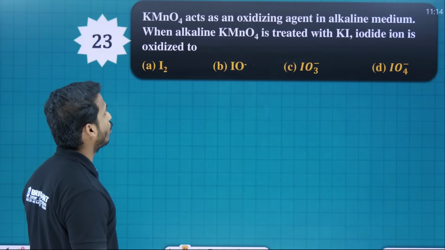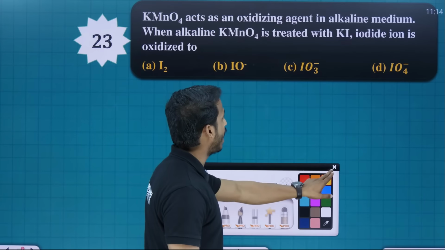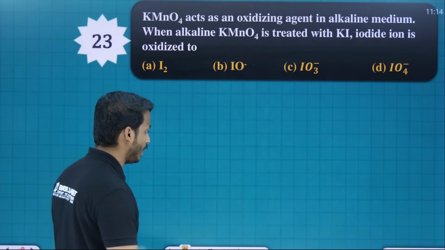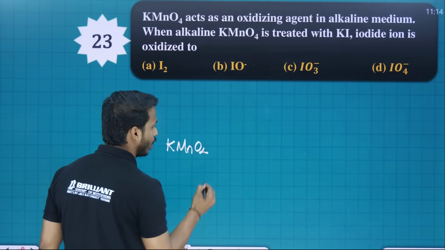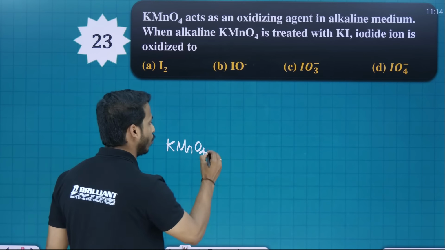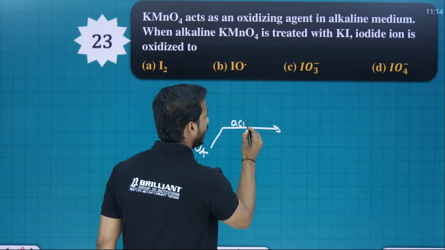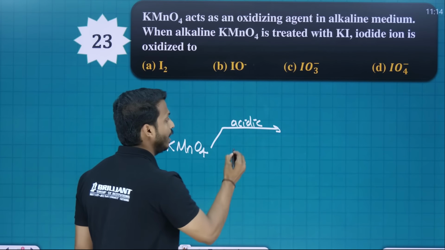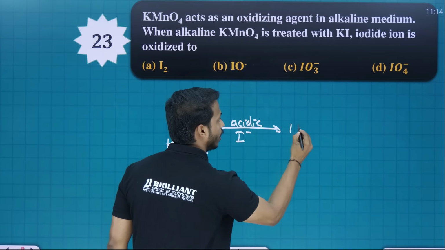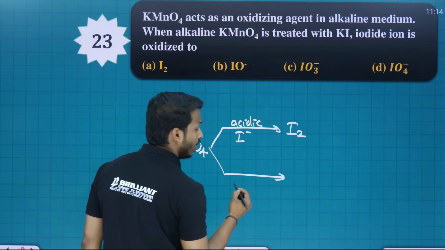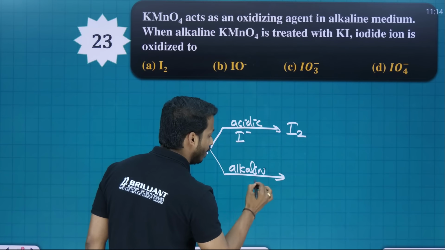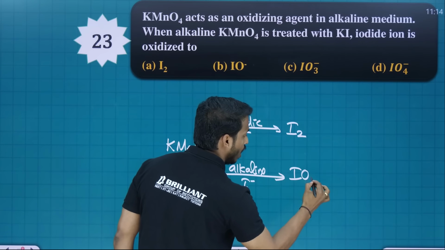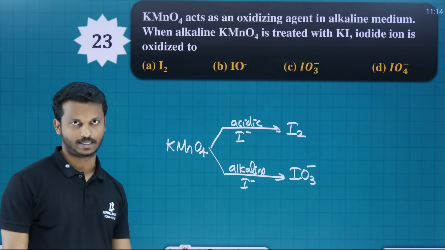KMnO4 acts as an oxidizing agent in alkaline medium, and also in acidic and neutral medium, every medium. When alkaline KMnO4 is treated with KI, the iodide ion is oxidized. Please note it, all of you. If the oxidizing agent is KMnO4, in acidic medium the iodide is converted to I2, and in neutral or faintly alkaline medium the iodide is converted to IO3 minus.